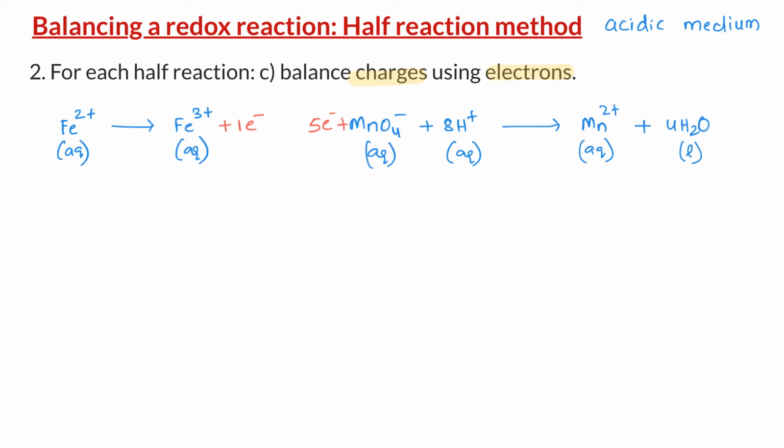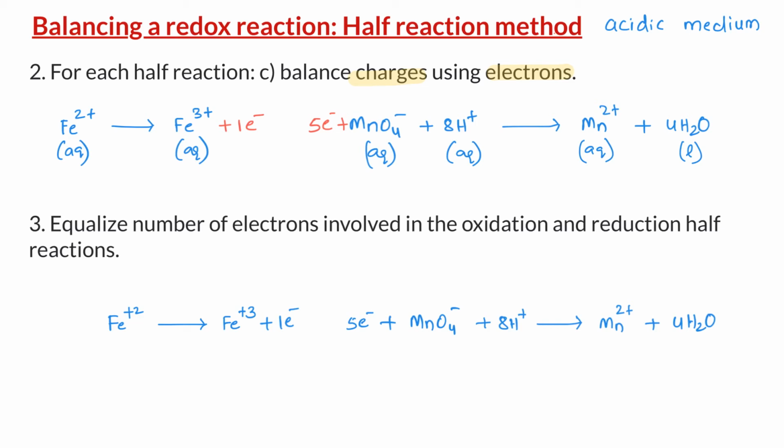Now let us look at each half reaction. The oxidation half reaction is releasing 1 electron and the reduction half reaction is accepting 5 electrons. The electrons released in the oxidation half reaction must be equal to the electrons gained in the reduction half reaction.